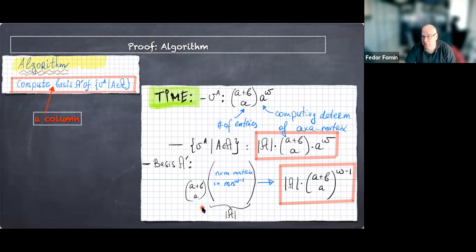Now I have the matrix with A columns, and I have A plus B choose A rows. So then the running time to compute the basis is the cardinality of the family A times A plus B choose A to the power omega minus 1.